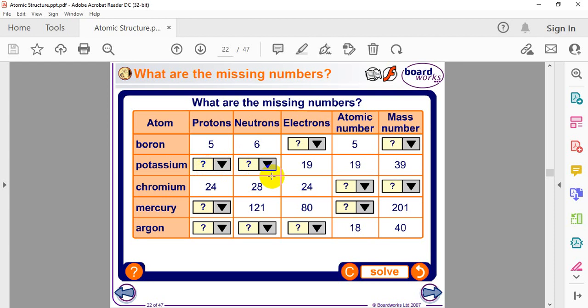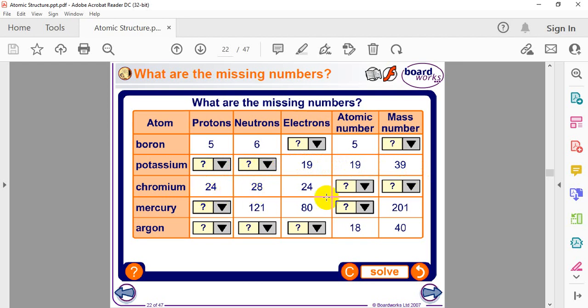So potassium has 19 electrons. So definitely it will have 19 protons. Then it has a mass number of 39. So a mass number is what? The number of protons and neutrons in the nucleus of the atom. So we've computed that 19 electrons equal 19 protons. Then if we subtract this 19 from 39, we get the neutron number.